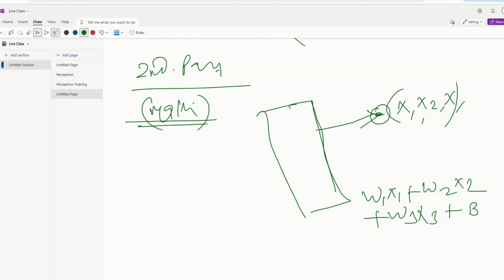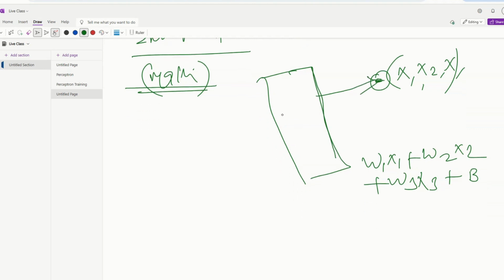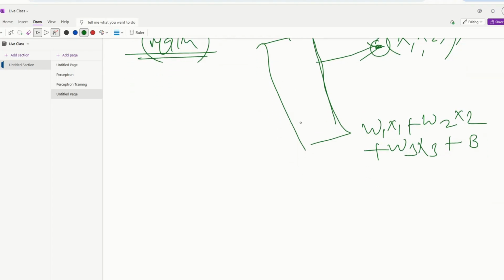If you do the maths, I'm not going to teach you the maths. I can write the distance like this. How to find it? You can Google it, it's basic math.